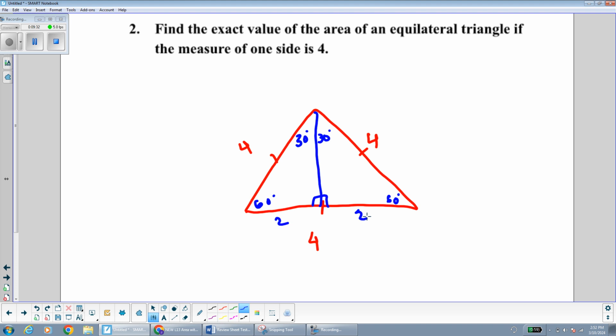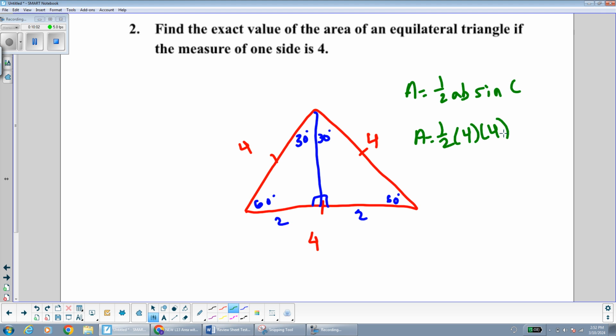So what we need is 1/2 AB sine of angle C. So let's check it out here. We have two sides next to each other, and any two sides next to each other are 4, because all the sides in this equilateral triangle are 4.